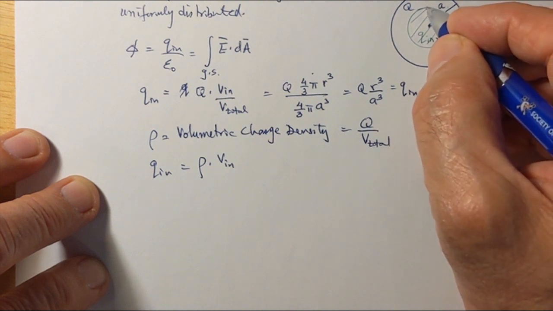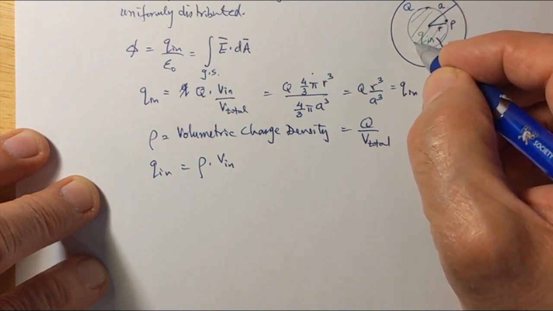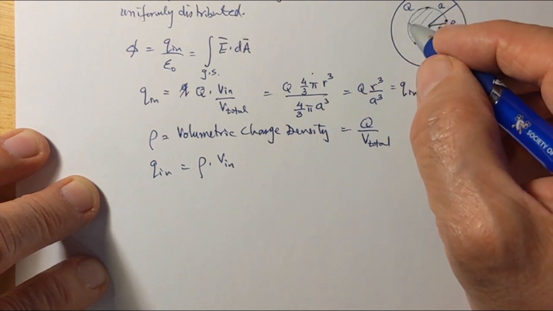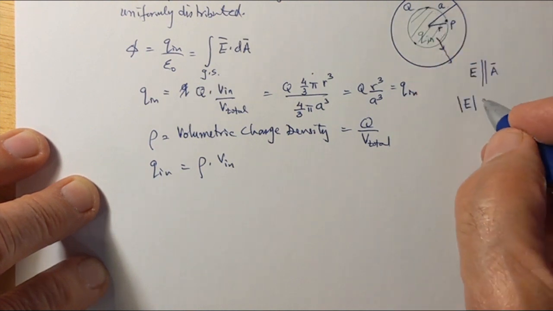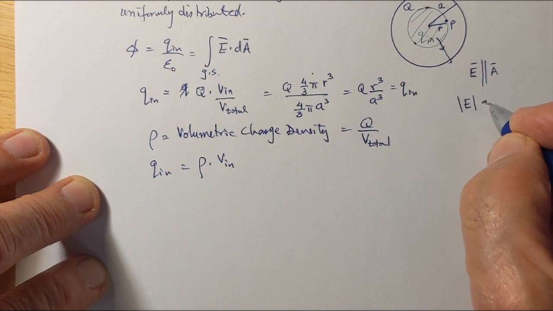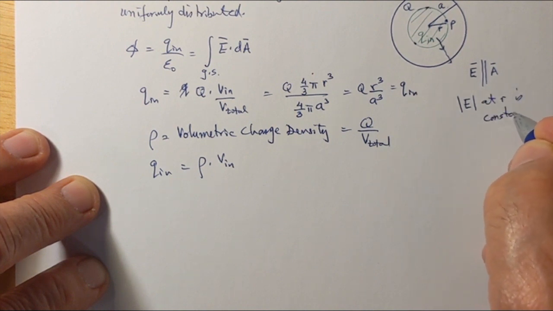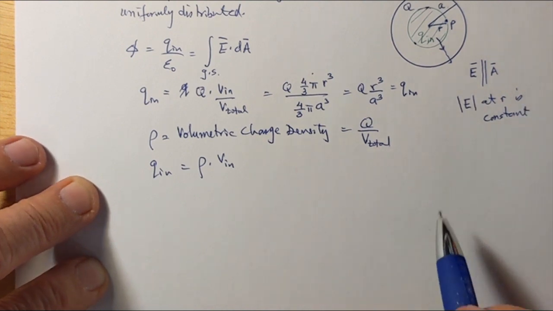We can't have a bigger E here and a smaller E here, because the distribution of charge is uniform and this is a sphere. So E at R is constant. The magnitude is constant.